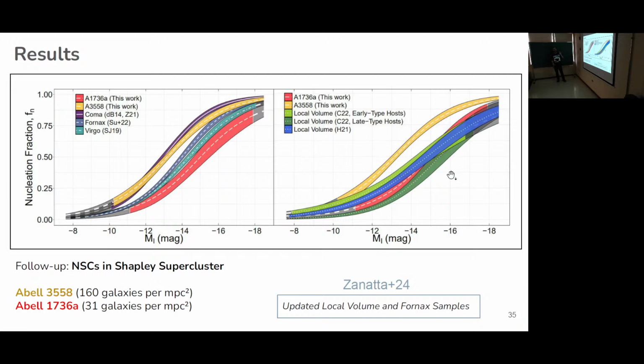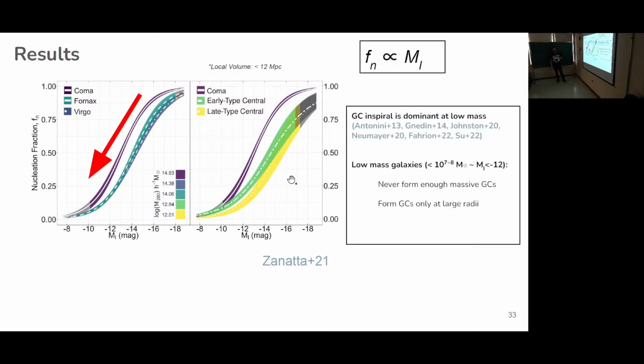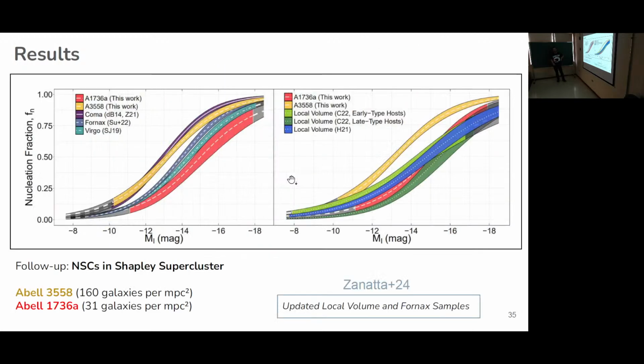Like you can see now, we didn't see this very clearly here. We already saw that the early type groups had increased nucleation relative to the late type centrals, but it was not very easy to see. However, now it's much, much clearer that the early type hosts have an increased nucleation fraction compared to the late types.